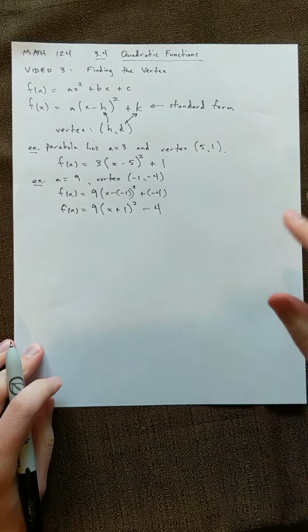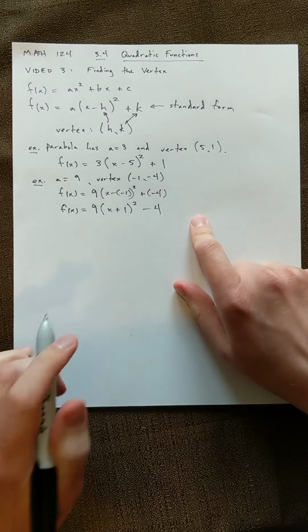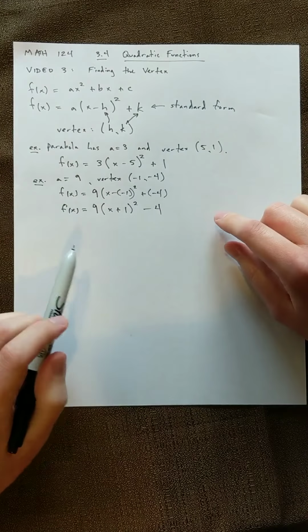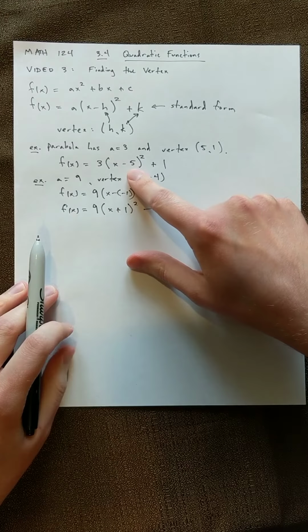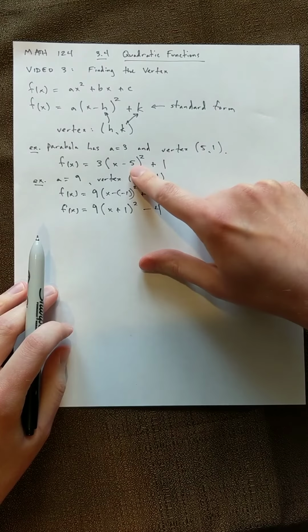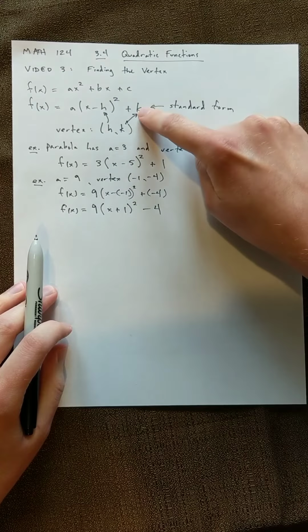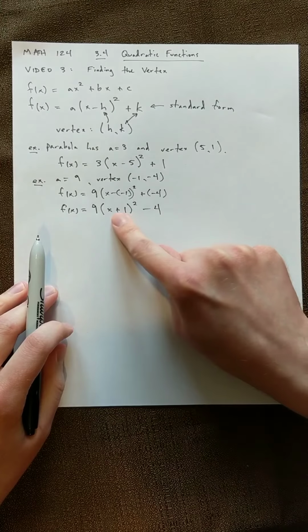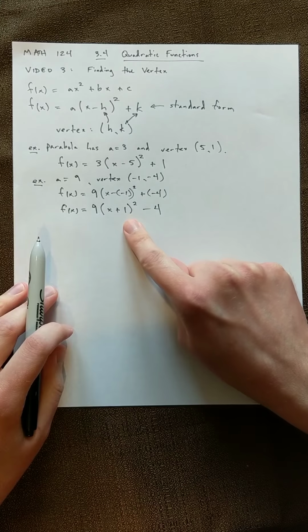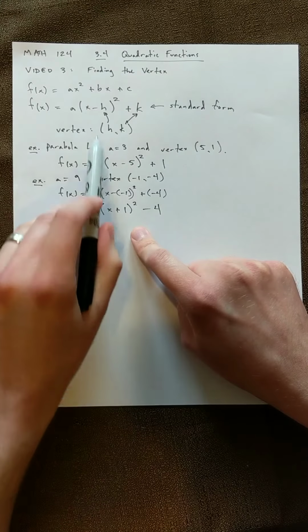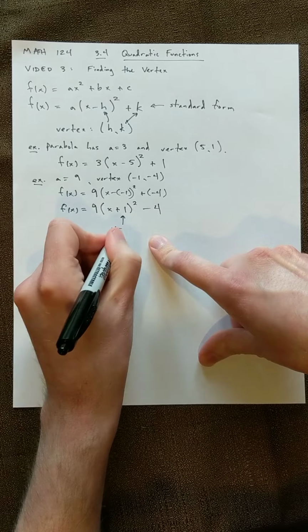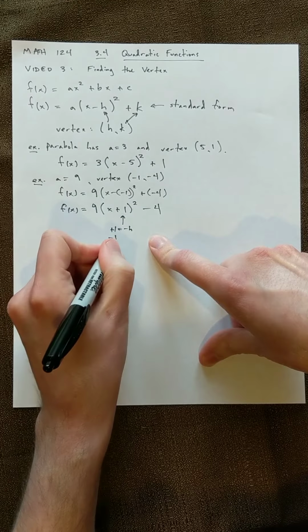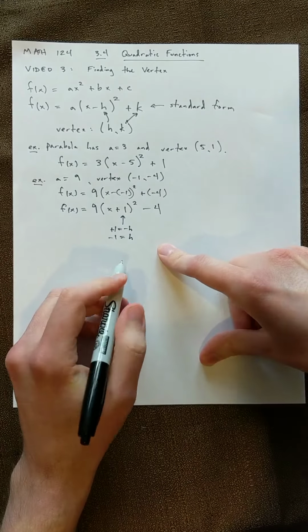Okay, on the other hand, if someone gave you an equation like this, we can immediately jump back to what was the vertex. So if someone told us f of x was 3 parentheses x minus 5, the quantity squared, plus 1, then the 5 is playing the role of h, the 1 is playing the role of k. If someone gave us this equation, we have to be a little bit careful because the plus 1 is playing the same role as minus h, which means that -1 is going to be your h.